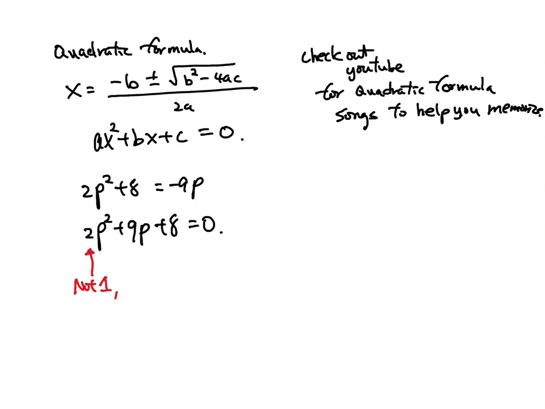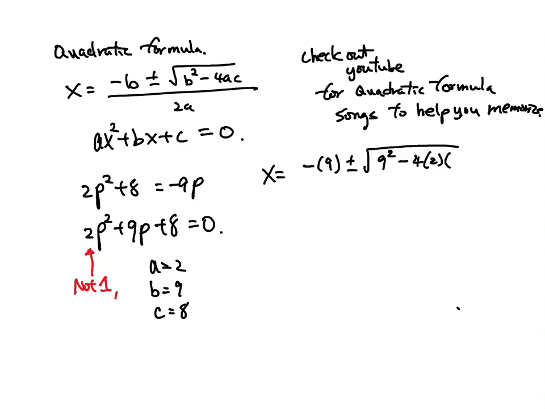So in this case, a equals 2, b equals 9, and c equals 8. And we're just going to plug it in. So x equals negative 9 plus or minus the square root of 9 squared minus 4 times 2 times 8, over 2 times 2.